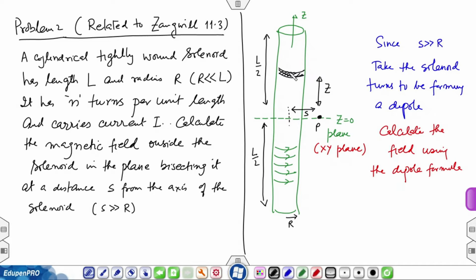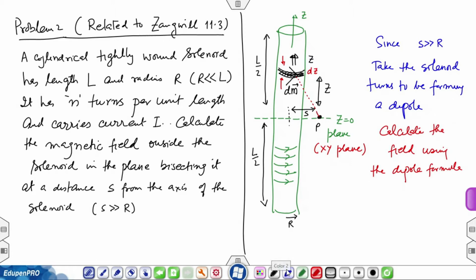Since the current is going as shown, this is going to be a dipole in the positive z direction and its magnitude is going to be dm, because I am going to take the thickness of this section to be dz. Calculate the field due to this dipole at point P and integrate. So, I hope the idea is clear.